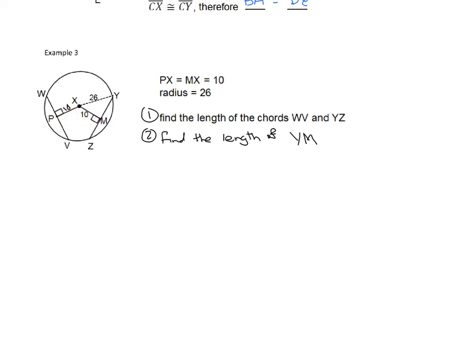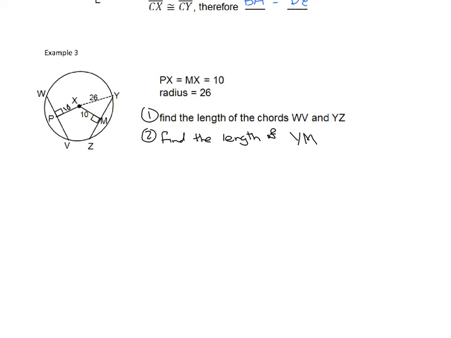Make sure you understand the difference there. So XY is the only radius given in this problem. We have chords WV and YZ, and those are the measurements that we're looking for. But I also added another part to this, so be sure you do that, to find the length of YM.